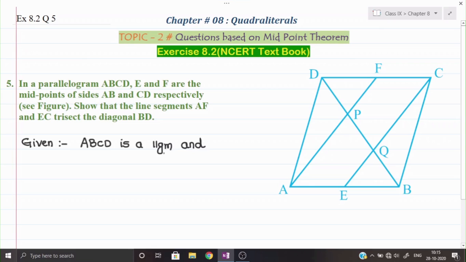And second, we are given that E and F are midpoints of sides AB and CD respectively. Okay, this is the second given.